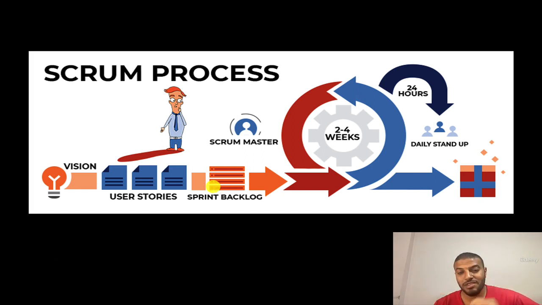And inside this sprint, which is from 1 week to 4 weeks, we work in more of a waterfall or V-model fashion. The person who manages the team during the sprint is called the Scrum Master. Every day we have the daily stand-up, and at the end of the sprint we have the retrospective meeting and the sprint review meeting. We will discuss Scrum in more depth later.